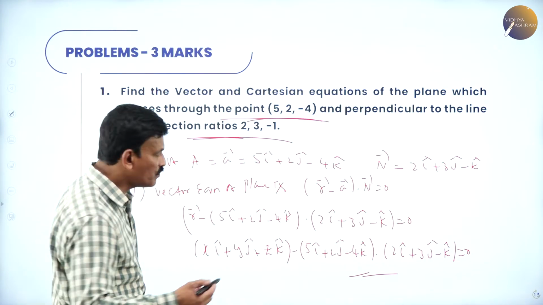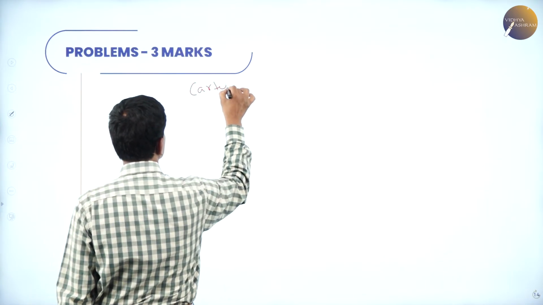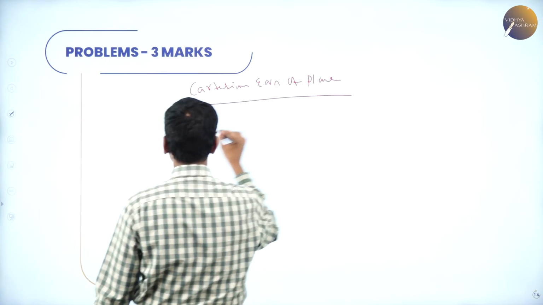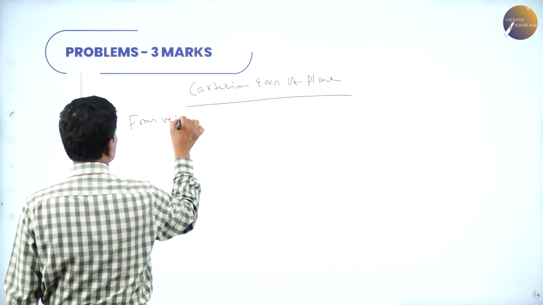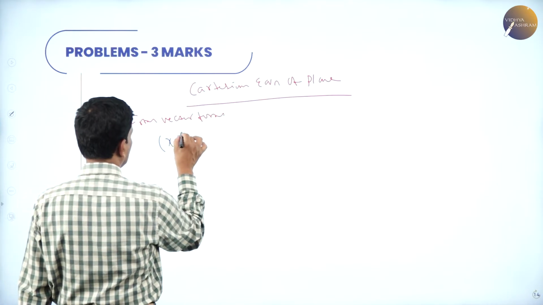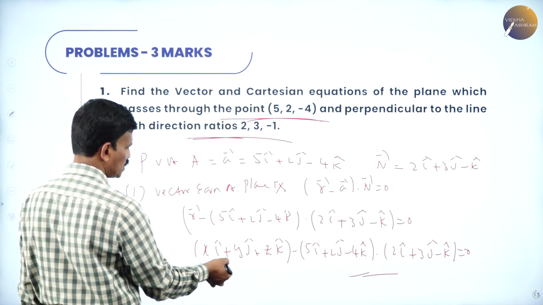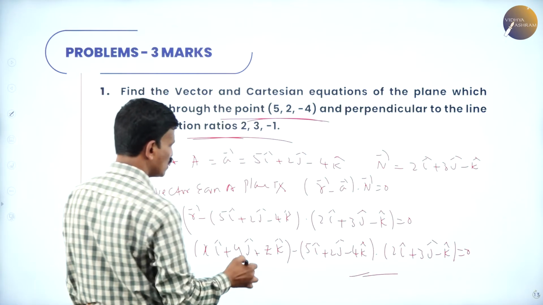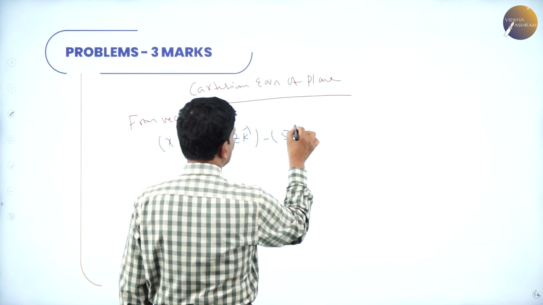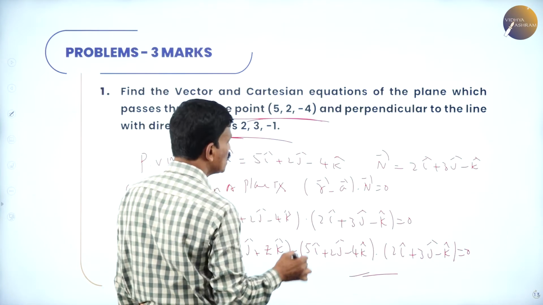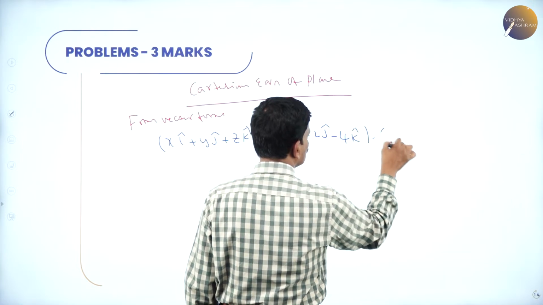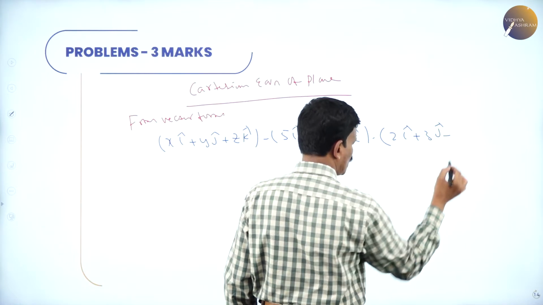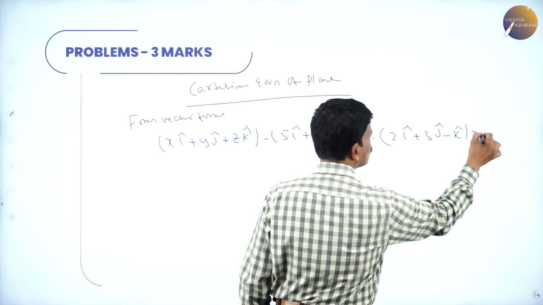Now, to write the Cartesian equation of the plane from the vector form, we have (xi + yj + zk - (5i + 2j - 4k)) · (2i + 3j - k) = 0.